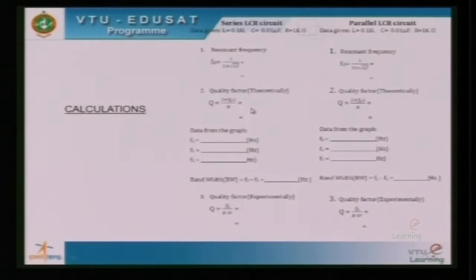So, the sharpness of differentiating the frequencies, the range of frequency, depends on the value of R. Higher the value, higher will be the sharpness of the curve, and hence the quality factor thus decides the quality of the circuit to discriminate the various frequencies within the range of bandwidth.